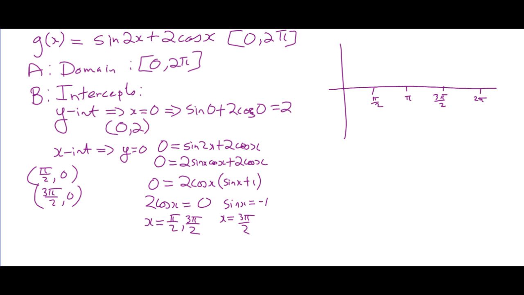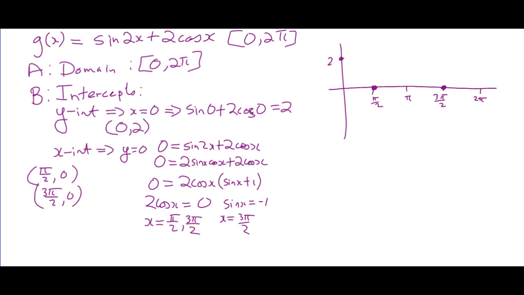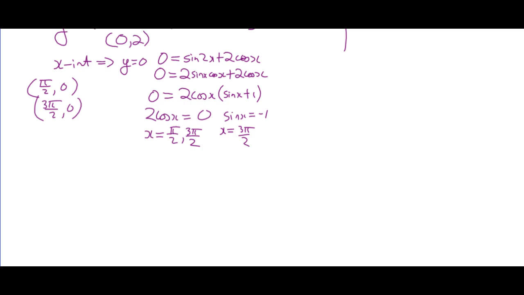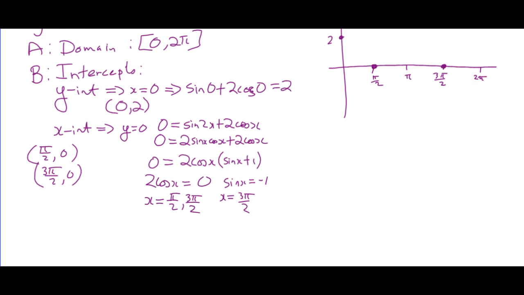Preliminary, what do we have? (0, 2), and we had (pi over 2, 0) and (3 pi over 2, 0). So we can sort of see, probably you're coming down from here, you're likely going to go negative at some point and then come back up maybe. 0 to 2 pi. Okay, everybody good? Intercepts?